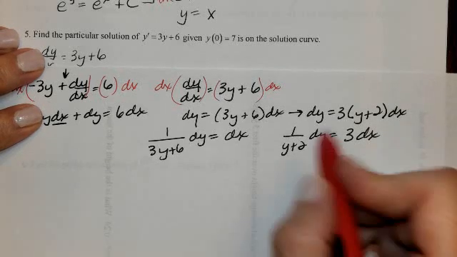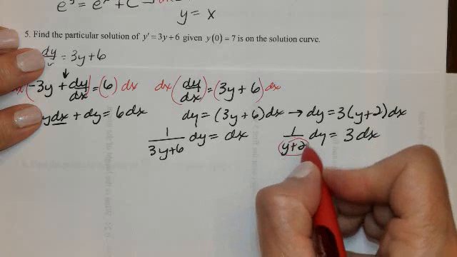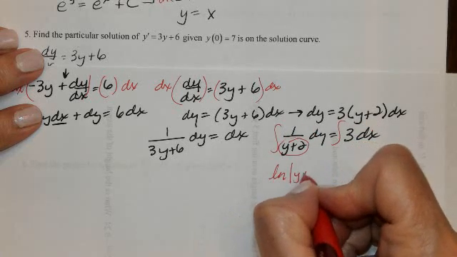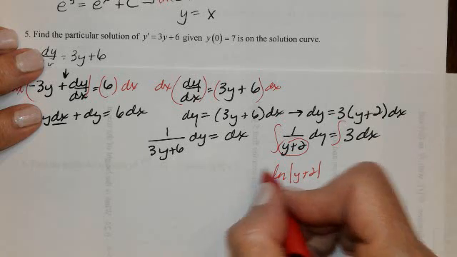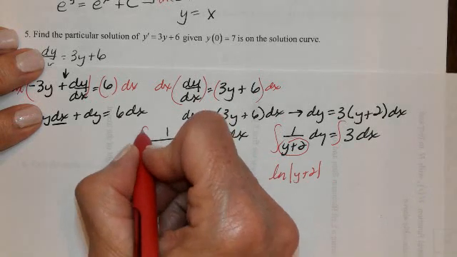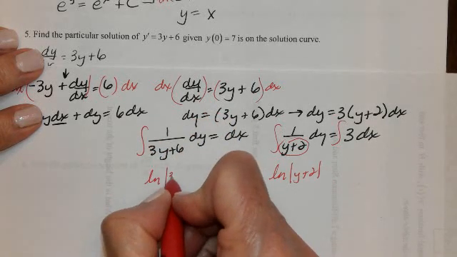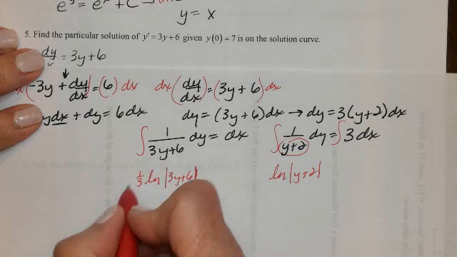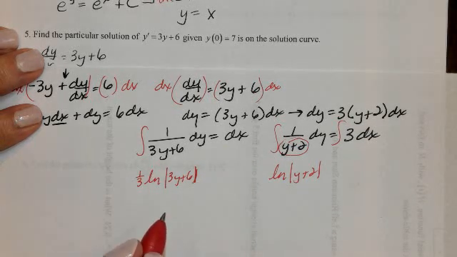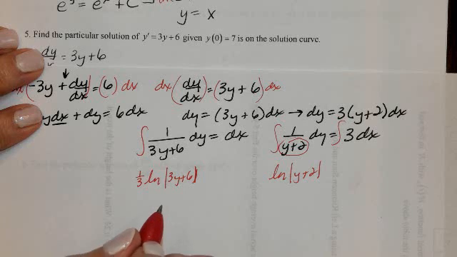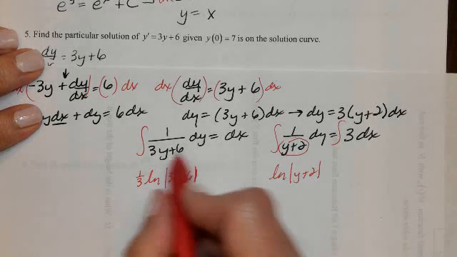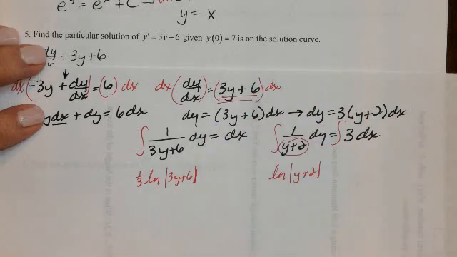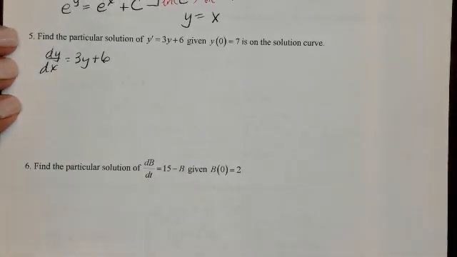I like this way better because when we integrate, this will just give me natural log of y plus 2. I won't have to multiply by anything. If we integrate this, we'll have natural log of the 3y plus 6, but then I'm going to need a 1/3 multiplied by that. Okay? So either way is fine. I like to factor out what I can from this before I divide. So that's what I'm going to do here.